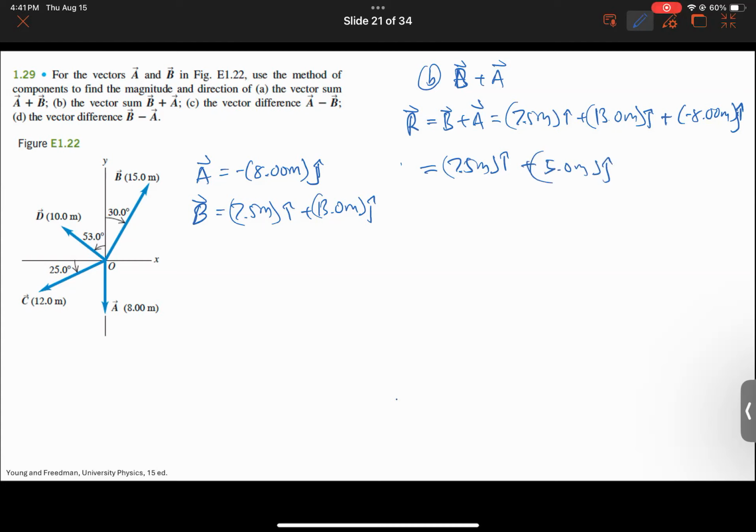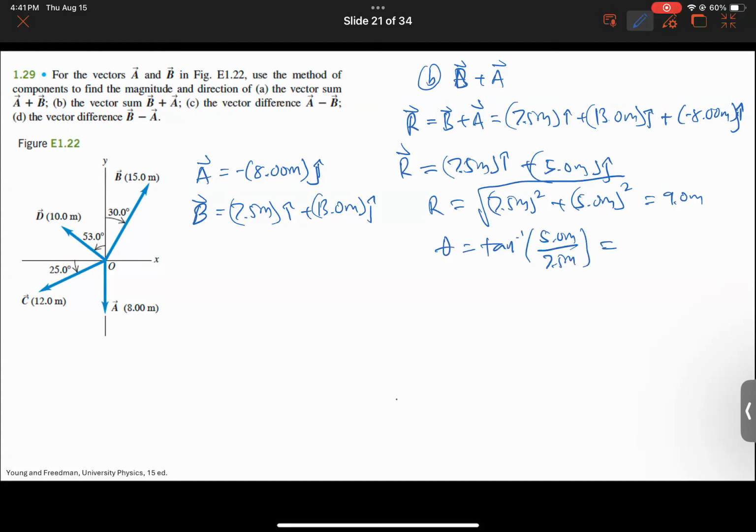So we have exactly yung resultant vector kanina dun sa A plus B. Okay, so this means that we get exactly the same magnitude, 9.0 meters, and direction. Tangent inverse ng 5.0 meters over 7.5 meters, so 34 degrees. Which is just as well kasi A plus B is equal to B plus A, kasi nagko-commute na sila.